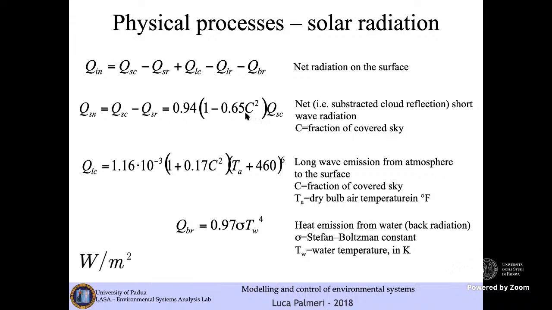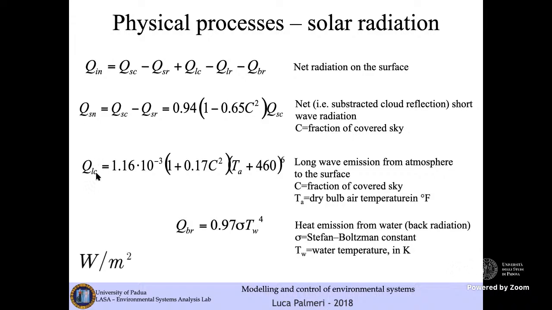Do you remember this factor C? C is 0 when we have clear sky, and it is 1 when we have completely covered sky. So C is a percentage of the sky that is covered by clouds. So we have this empirical function that describes the net shortwave radiation.